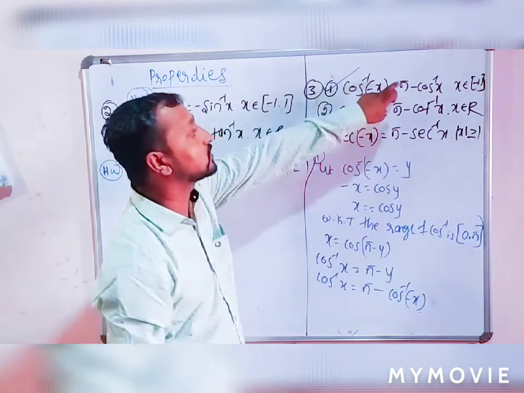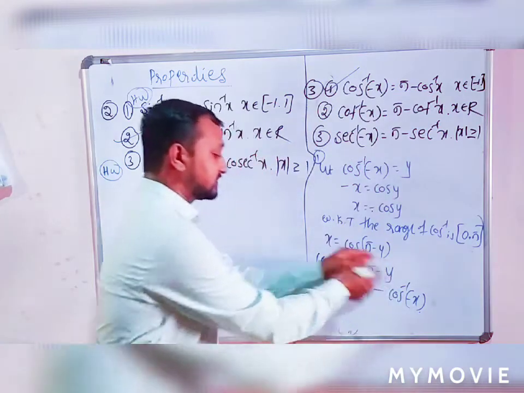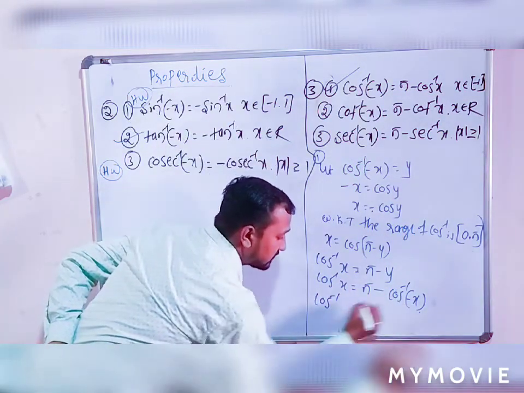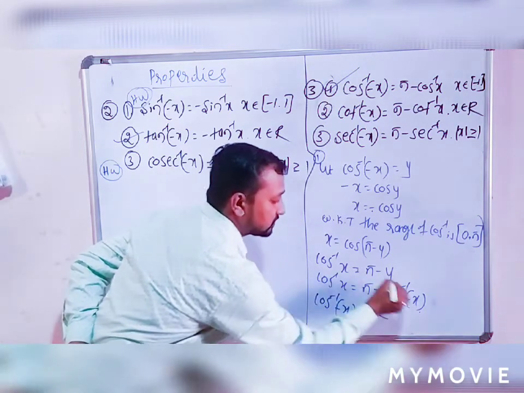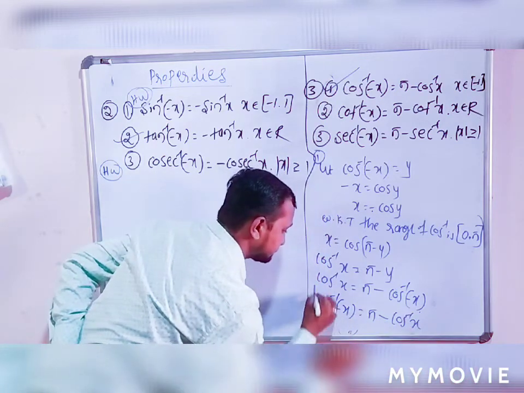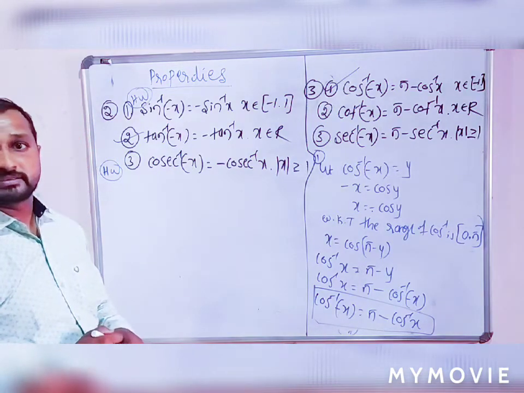Cos inverse of minus x equal to pi minus cos inverse of x. So that means just interchange. This function becomes cos inverse of minus x, keep as it is, pi minus this function shifted to the right hand side, that is cos inverse of x. So that's right.